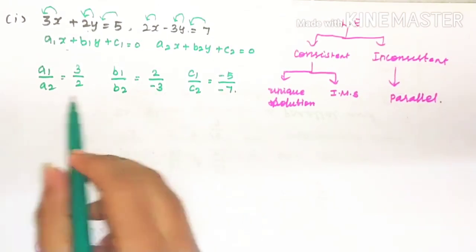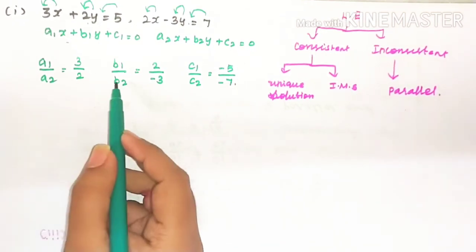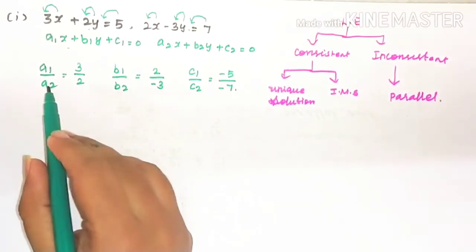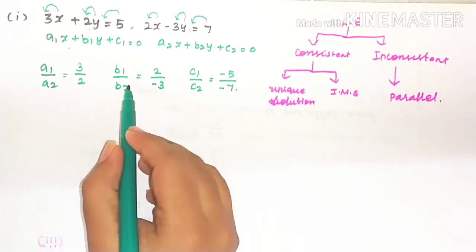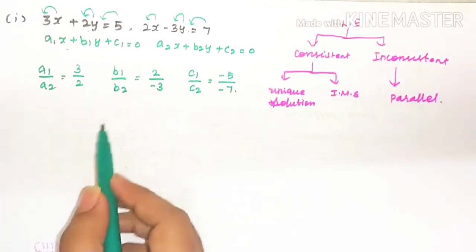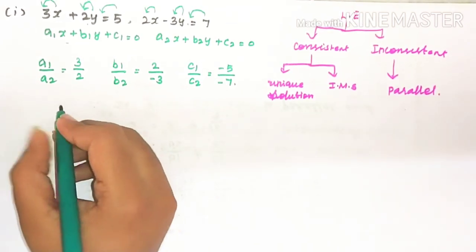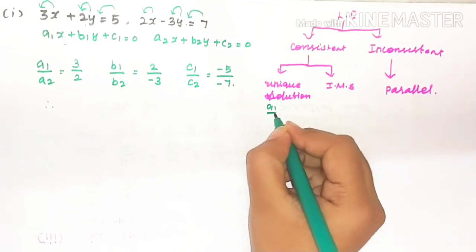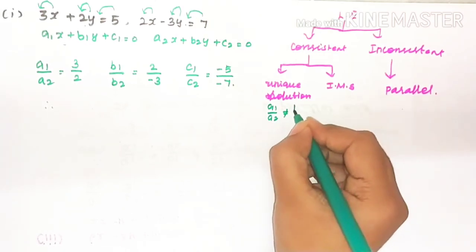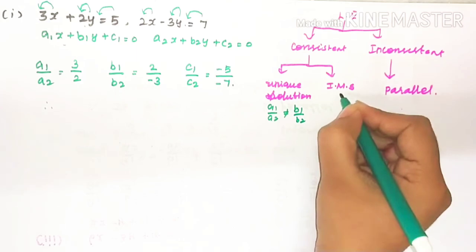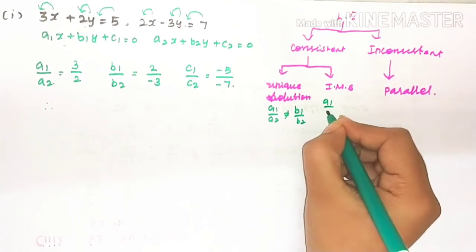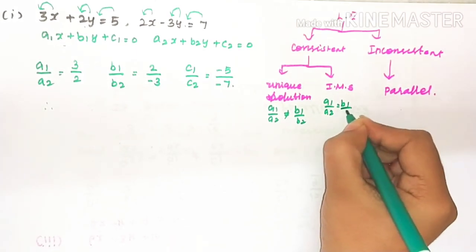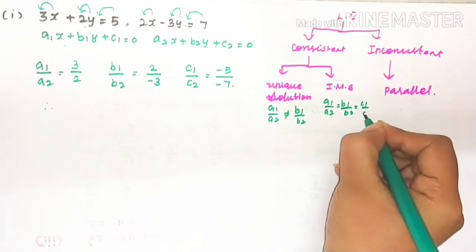So you can check which ones are equal. a1 by a2 and b1 by b2 are not equal, and a1 by a2, b1 by b2 and c1 by c2, all three, are also not equal. Unique solution, what is the condition? a1 by a2 is not equal to b1 by b2. Infinitely many solutions, what is the condition? a1 by a2 equal to b1 by b2 equal to c1 by c2.